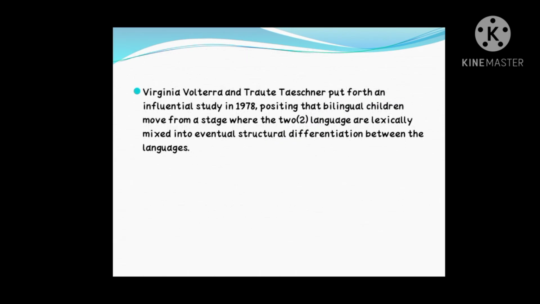So let's move on to Virginia Volterra and Taeschner, who put forth an influential study in 1978, positing that bilingual children moved from a stage where the two languages are lexically mixed into eventual structural differentiation between the languages.